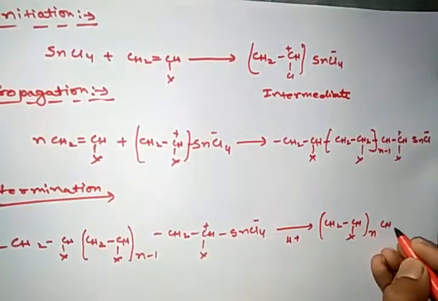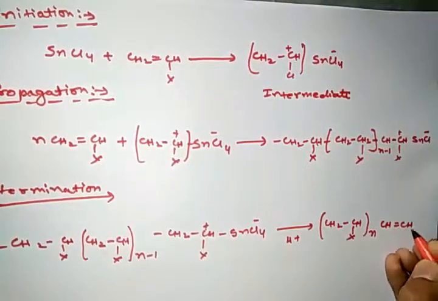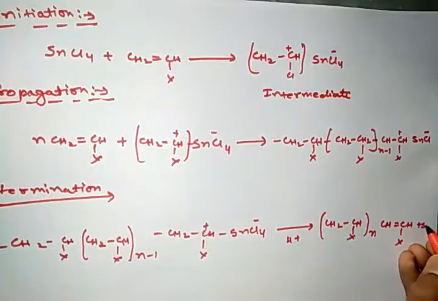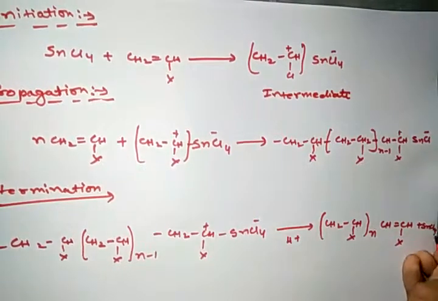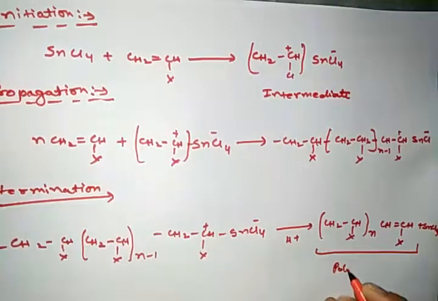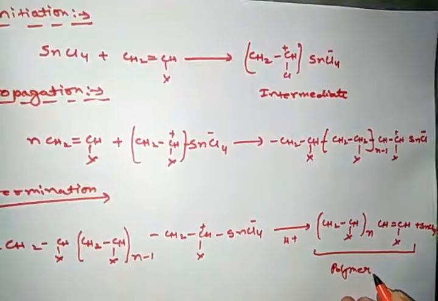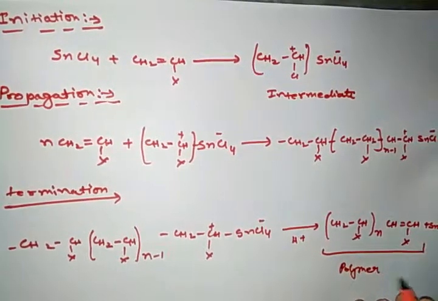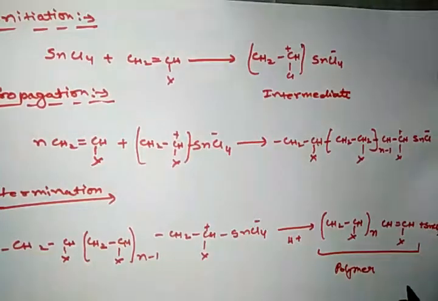N molecule CH2=CHX plus SnCl4. It is the final polymer. Final polymer is obtained.